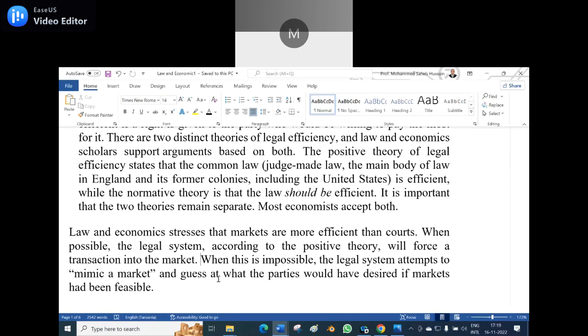If the production is less, the cost is more. If the production is more, the cost is less. Is it clear? Say yes or no. Yes. That is the market system.